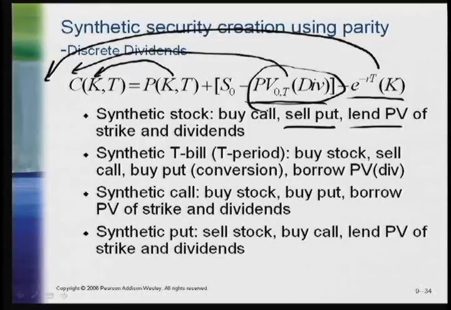So we'll either exercise the call, which means we'll buy the stock for K, and we'll use the T-bill to cover that. Or if the stock price is less than K, what does that mean? We're short the put. So that means that we're going to have a cost, and we'll be buying the stock from the long party.